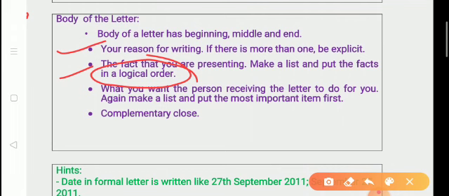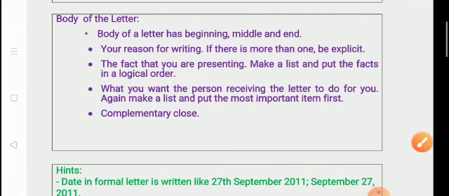And what do you want the person receiving the letter to do for you? What is your purpose of writing it? And as I have told you, it should have proper complementary prose.